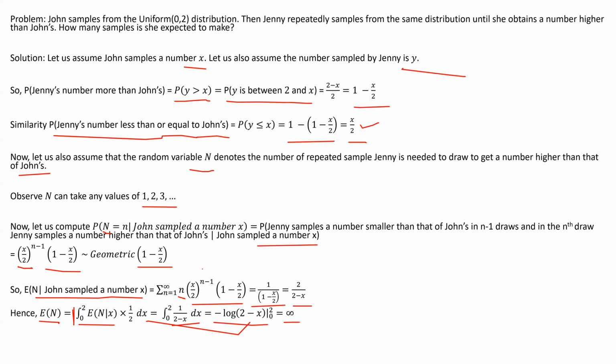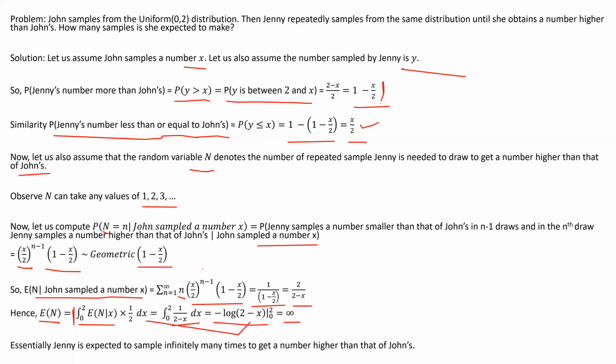So essentially this means that JEE has to actually sample infinitely many times to get a number higher than that of John's, right? It may seem a little bit non-intuitive to start with, but the reason for that is, as you see, if John has chosen a very large value of x, so let's say x is very close to 2, then the probability with which JEE can choose a number which is larger than x is very, very small.